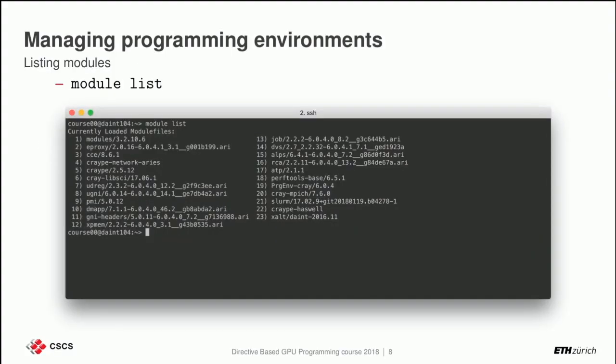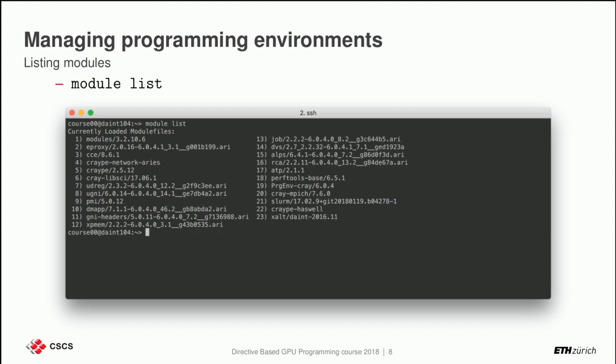So here is an example. To list the currently loaded modules, when you enter the system, there is a set of modules loaded. Here you see PrgEnv-cray, and you see the MPI.